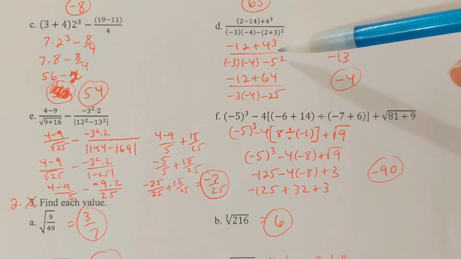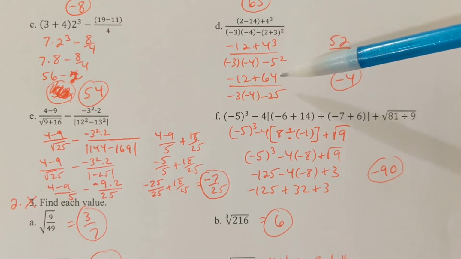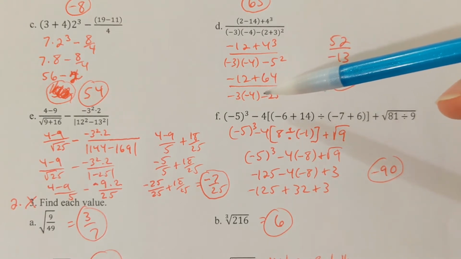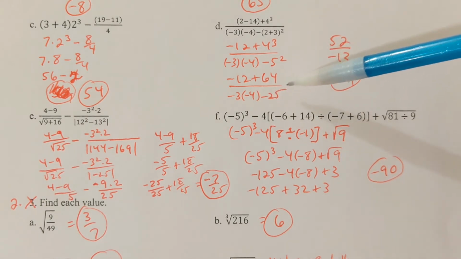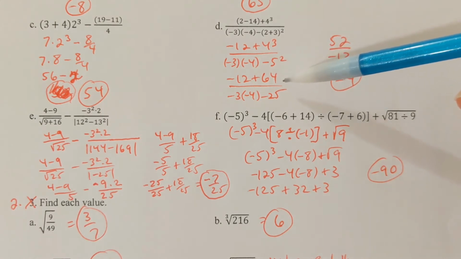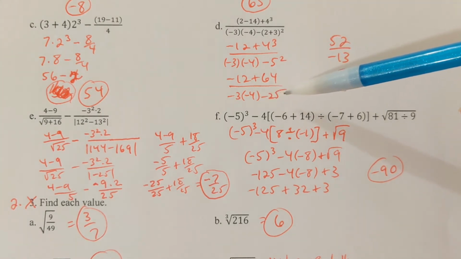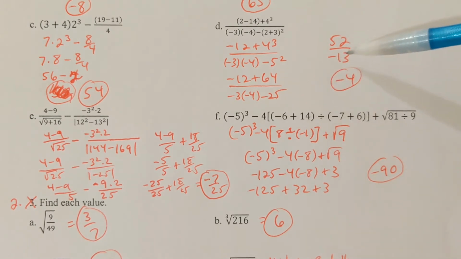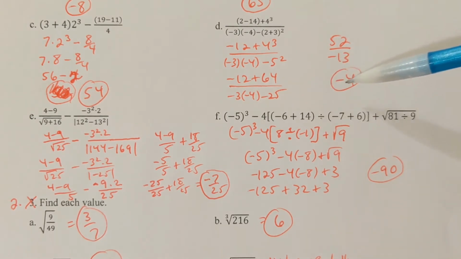Negative 12 plus 4 cubed, 4 times 4 times 4, is 64. And this is negative 3 times negative 4, minus 5 squared, which is 25. So we get 52 divided by 12 minus 25, which is 52 divided by negative 13, and that is negative 4.